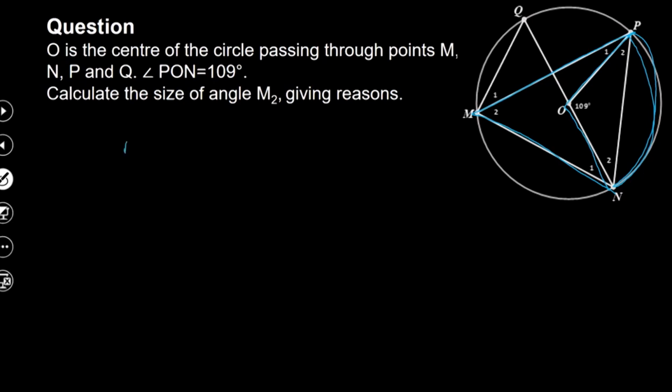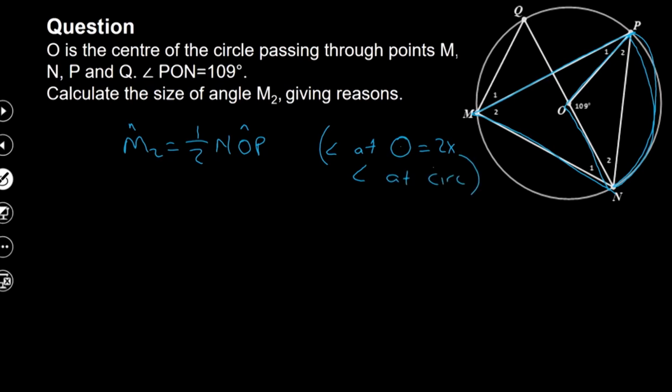So it means that M2 will be equal to 1/2 NOP, and my reason for this will be angle at center equals 2 times angle at circumference. And then from there you can solve for your M2.